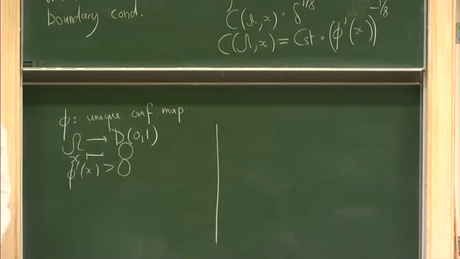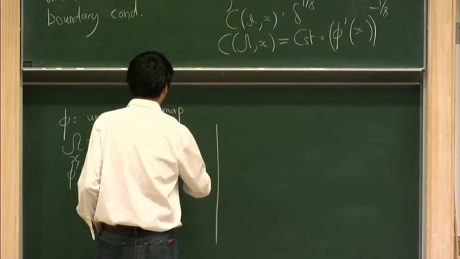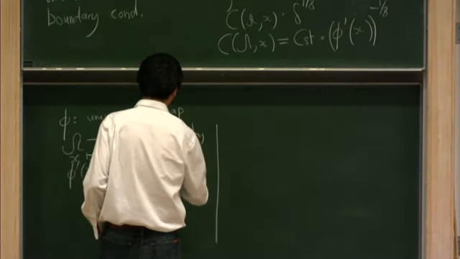I assume that you know what conformal maps are, because Vincent is teaching SLE. If someone wants a definition or a reference for this, I'm happy to give it. This exists by the Riemann mapping theorem.